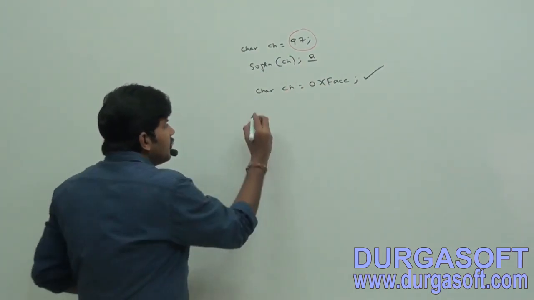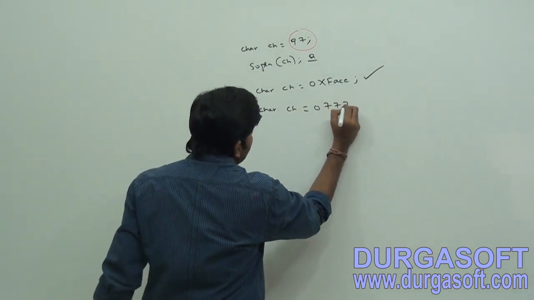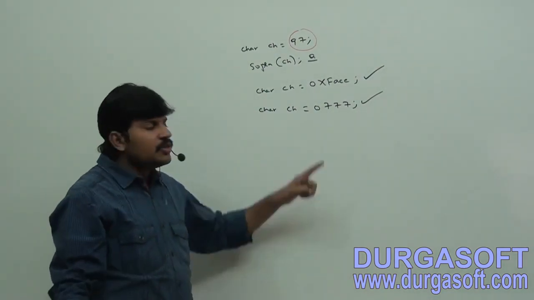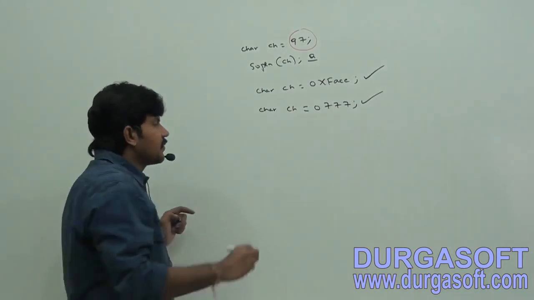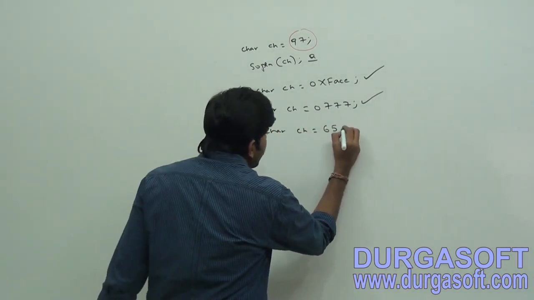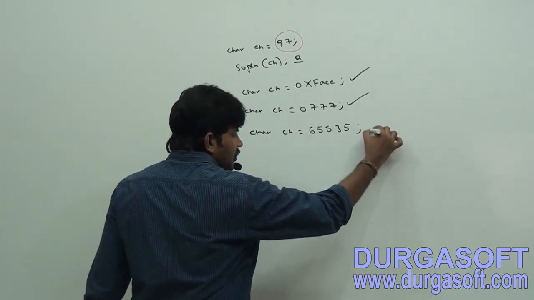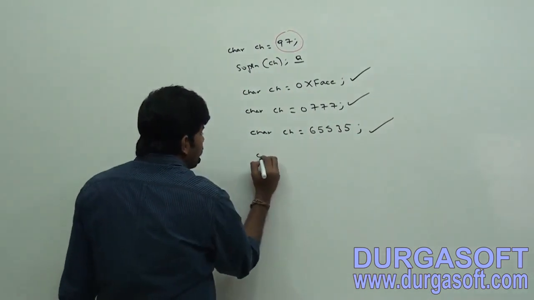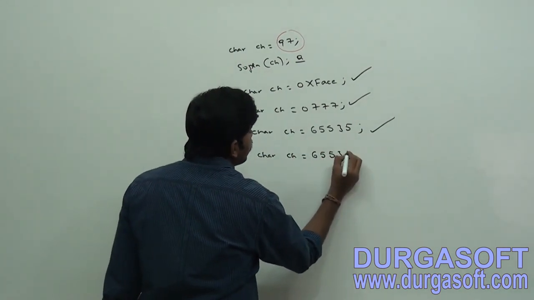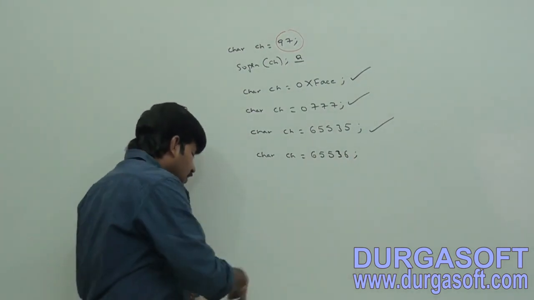Char ch = 0777, its value is 511, so the corresponding character will be assigned. Char ch = 65,535 is valid. Char ch = 65,536, valid or invalid? Invalid.